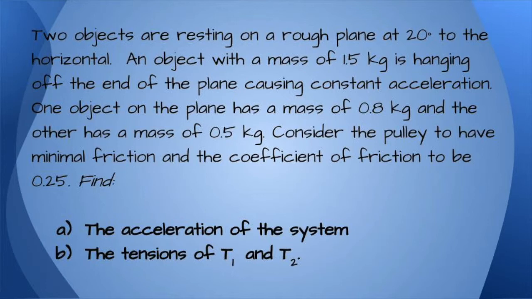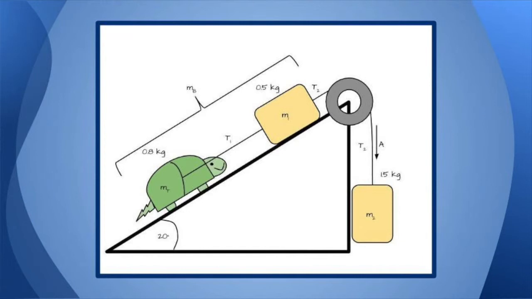Here we see in the diagram that there is a turtle, labeled mass turtle, on the end of an inclined plane which is set at 20 degrees as the problem said, and the turtle is attached to mass 1, which is 0.5 kilograms, and then strung over a pulley upon which mass 2 is also attached, and mass 2 is 1.5 kilograms.